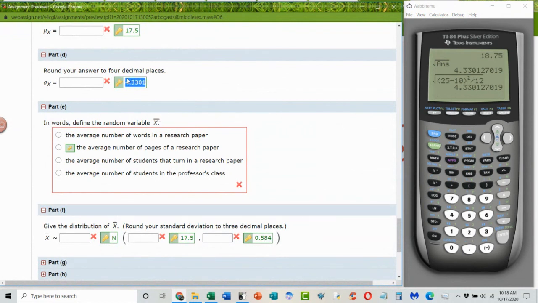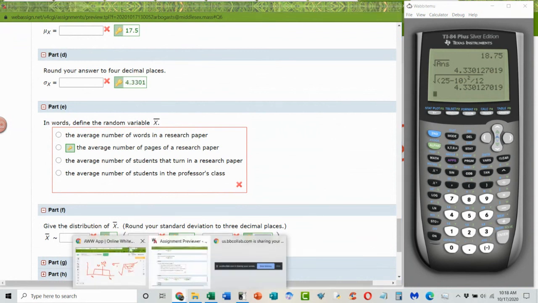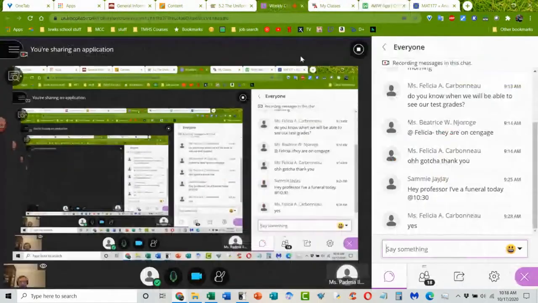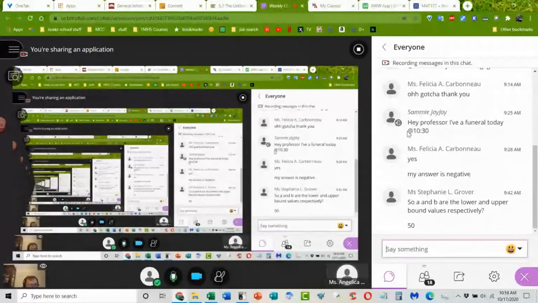Everybody understand how I got this now and this? Because that's where people tend to get lost on those two things, especially when I mess it up. The lower and upper bounds respectively, yes. Yeah, Professor. Okay.